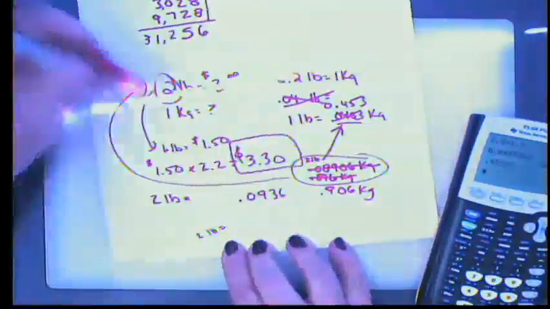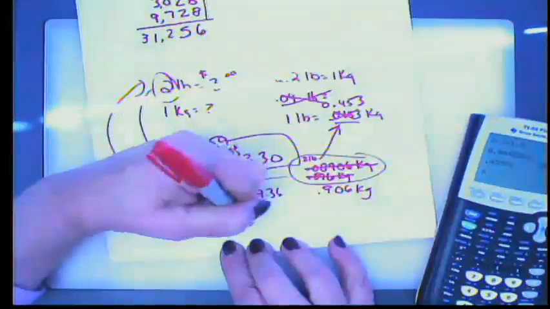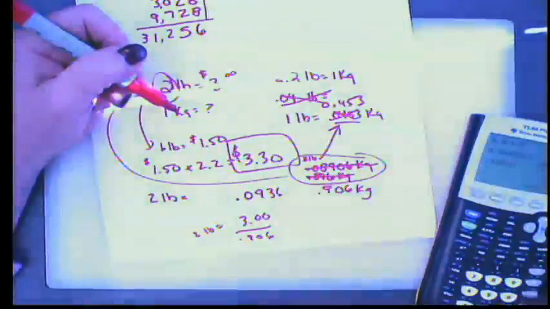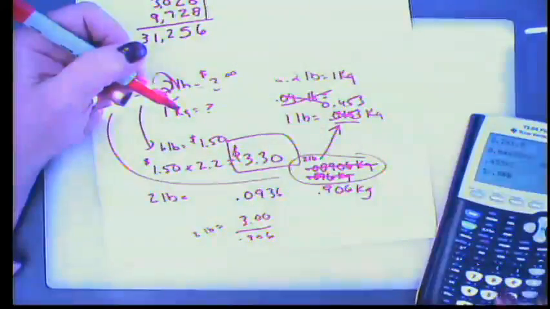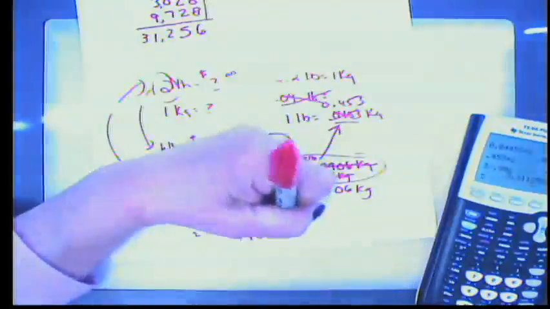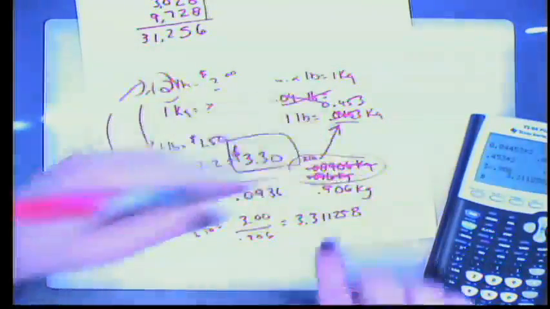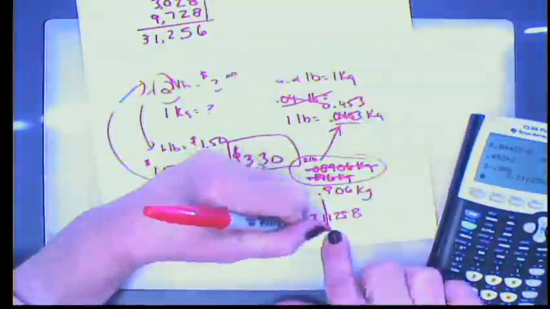So you take $3 and divide it by 0.906, and you get 3.311258. And as we said, these numbers don't make any sense, do they?